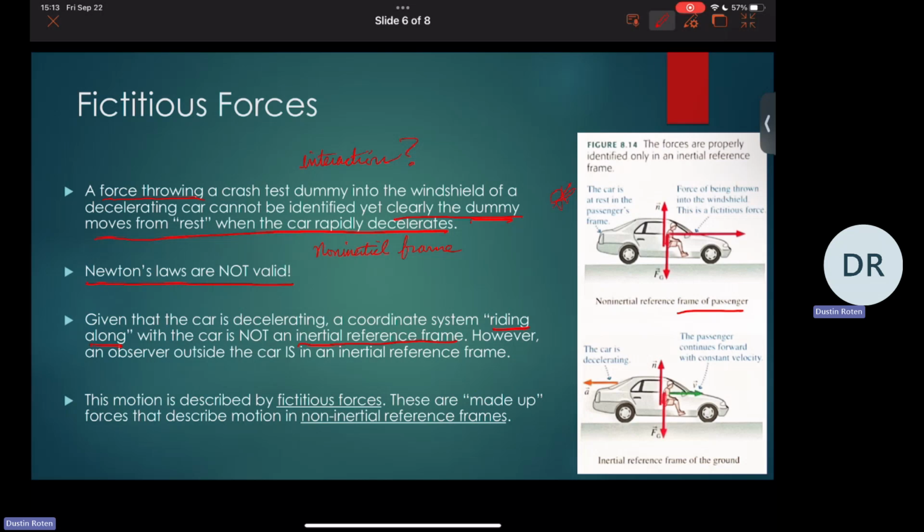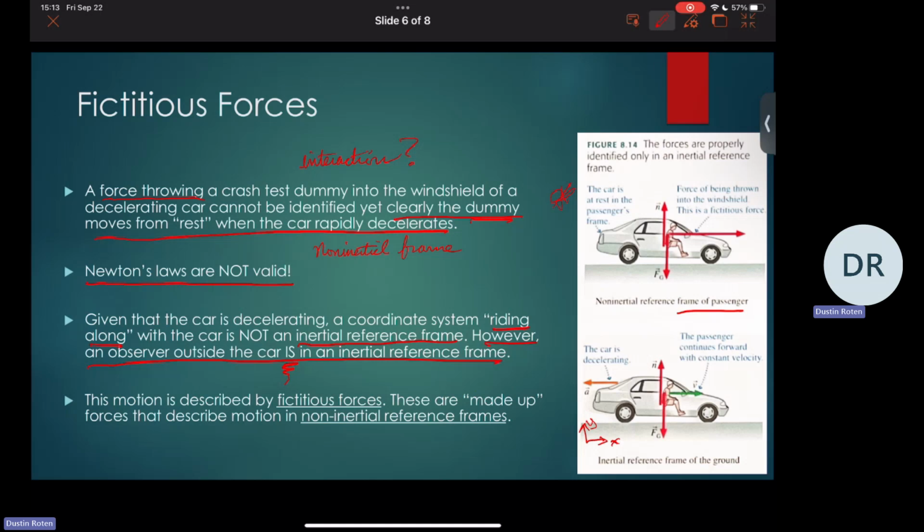We can say, okay, well, what if we put the reference frame outside the car? So here is our other reference frame outside the car. In this case, the reference frame outside the car is an inertial reference frame. Okay, so we're saved, and Newton's laws work if we're watching from outside the car.